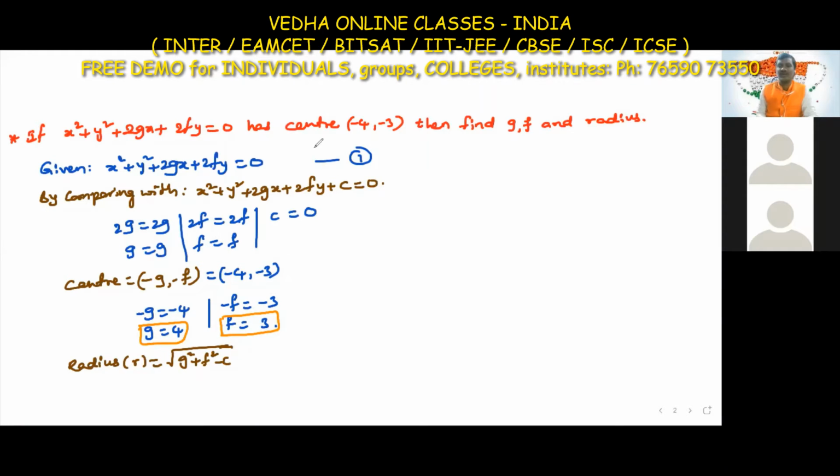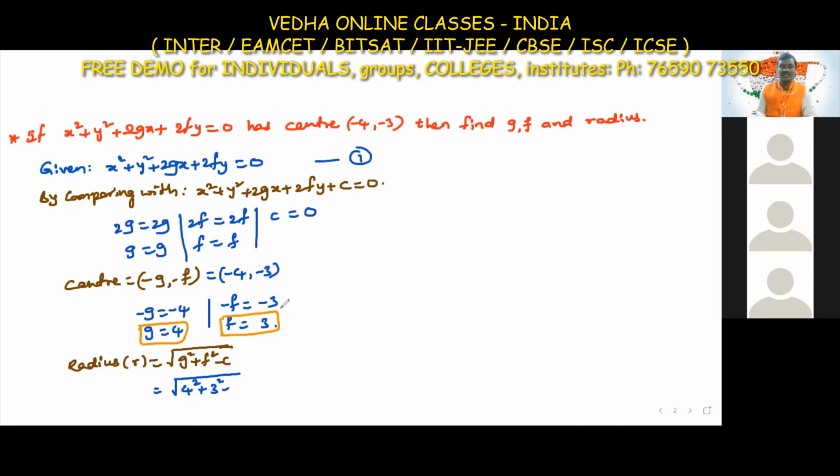So now radius is equal to under root of g square, that is 4 square, plus f square, that is 3 square, minus c, which is 0. This is equal to under root of 16 plus 9, so root 25. Root 25 value is 5.